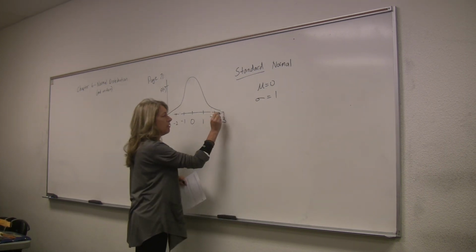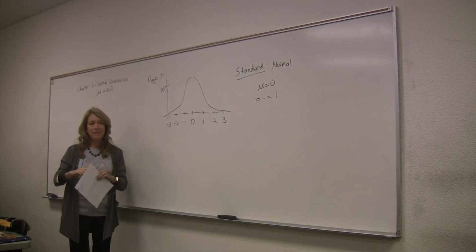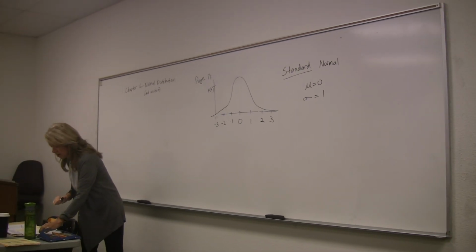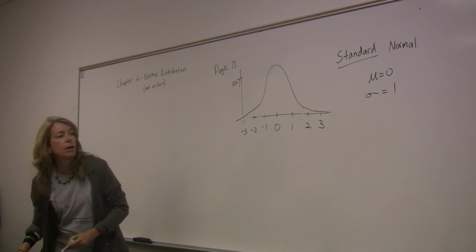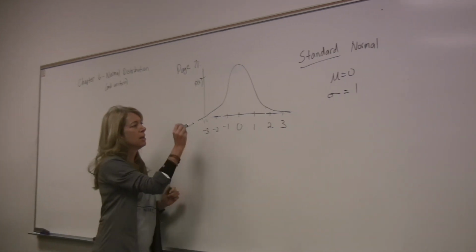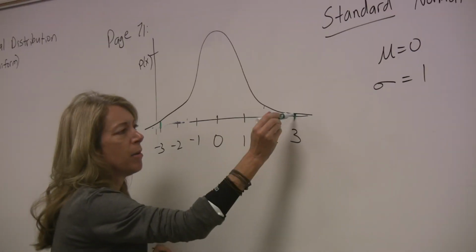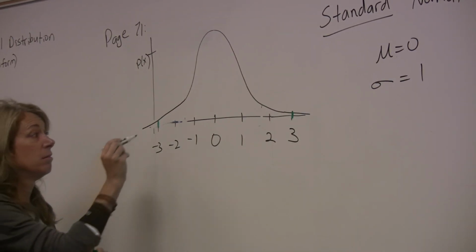Nobody's answering me. Does that mean you don't know? No, it's not all the area, because it never technically touches. If you look closely with your magnifying glass, between -3 and 3 starts here at -3, going all the way to +3, and everything in between.